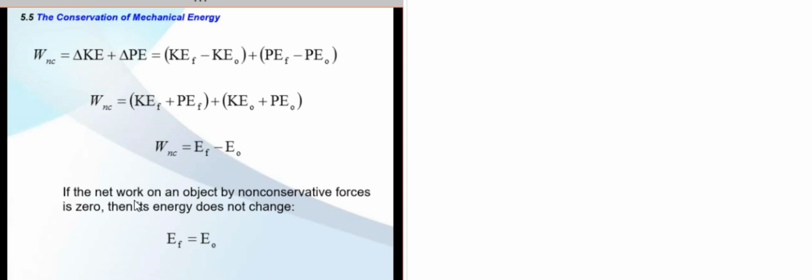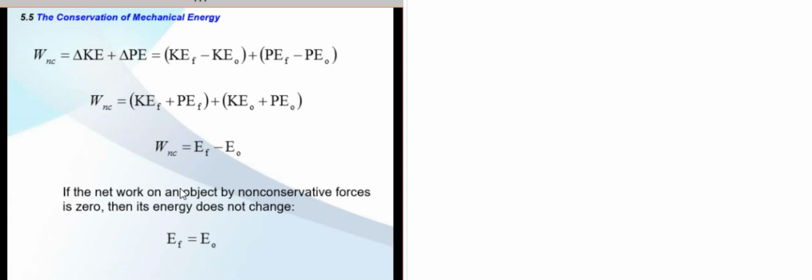If the net work on an object by non-conservative forces is 0, then its energy does not change. So if the work of the non-conservative force is 0, of course energy final is equal to energy initial.